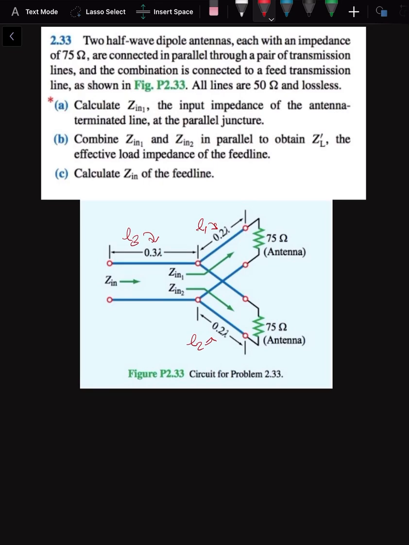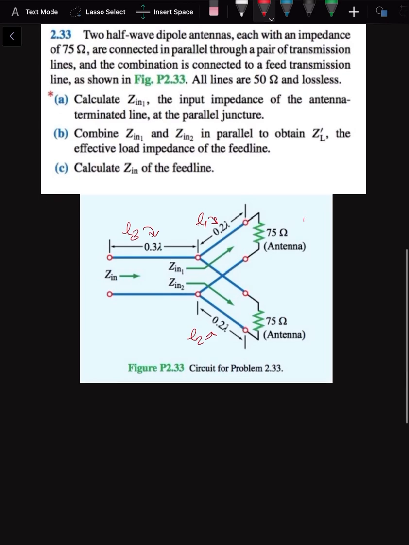Part A is asking to calculate Zin1, the input impedance of the antenna-terminated line at the parallel juncture. We have two antennas in here, and here.